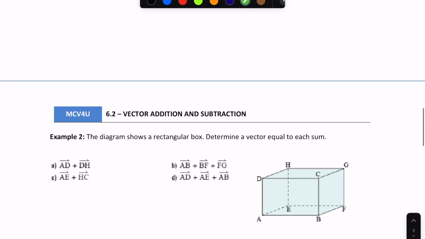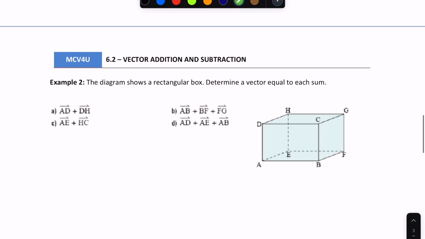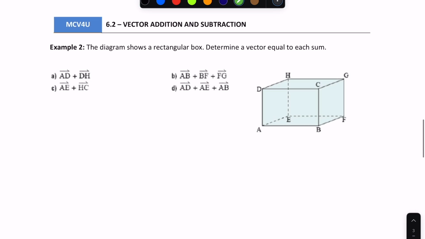Okay, so let's keep going here. And so here it says the diagram shows a rectangular box. Determine the vector equal to each sum. So A is vector AD plus vector DH. Okay, so vector AD. Again, I will just use different colors. And so here for A, vector AD plus vector DH.